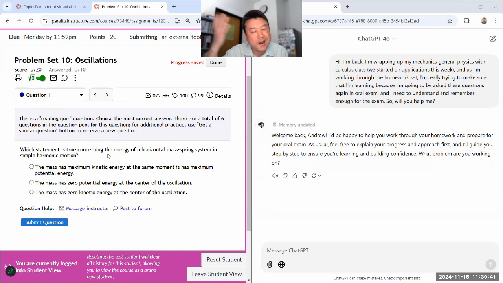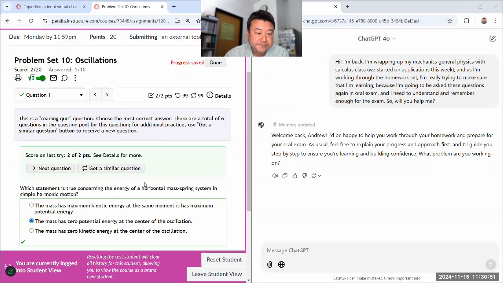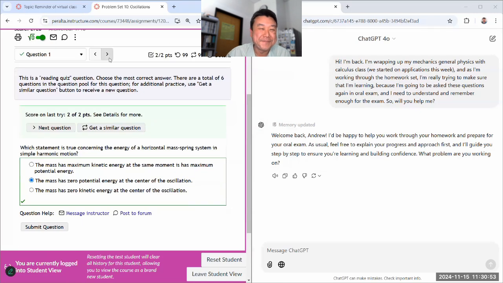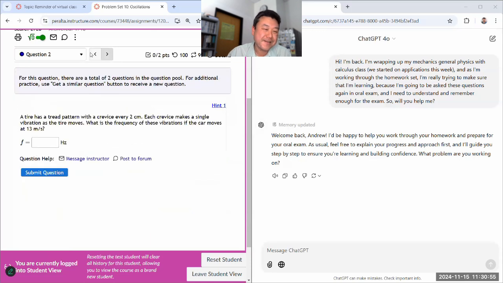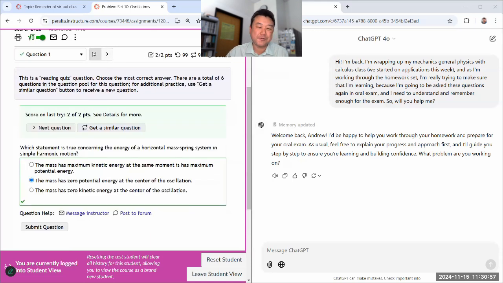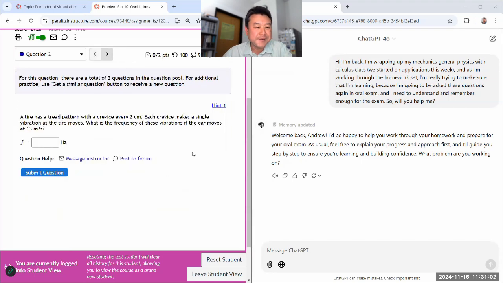If you can answer it, that probably means you've read the textbook fine. Here, maximum, no, zero potential. Yeah, that sounds right. Think of it like the multiple choice portion of the timed assessment, although I think these questions are easier.